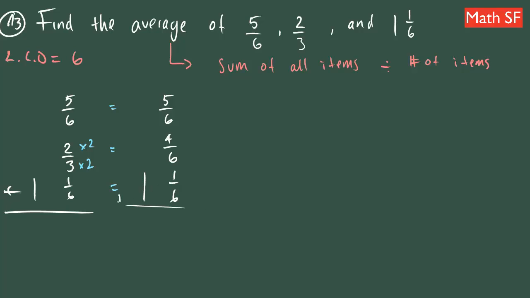Now I'm going to have to add them up. So 5 plus 4 plus 1 should be 10/6, and I have a 1 left there. However, this part here is an improper fraction, and we cannot leave an improper fraction there. So what am I going to do if this is an improper fraction?